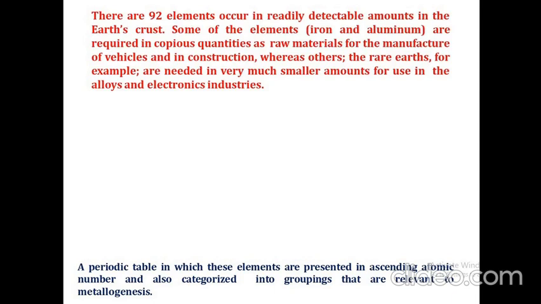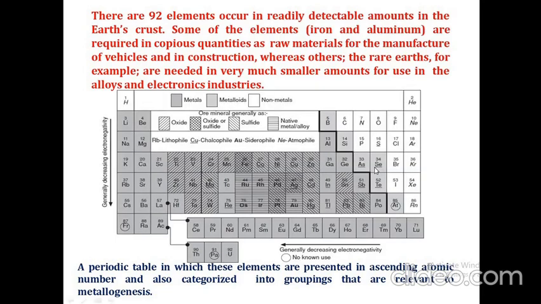Some elements like iron and aluminum are required in huge amounts as raw material for manufacture of vehicles and in construction, whereas others, such as rare earths, are needed in much smaller amounts for use in alloys, electronics and other industries. So this is the simple view of the periodic table also.